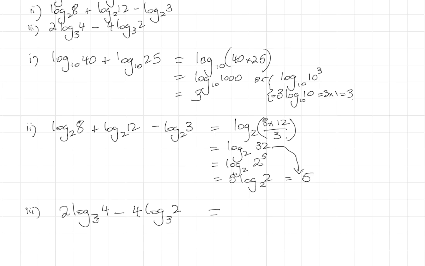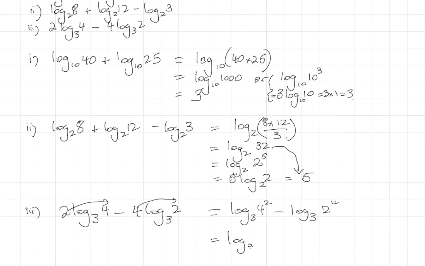We can work this one backwards, and we can say that's log to base 3 of 4 to the power of 2 minus log to base 3 of 2 to the power of 4. So that 2 can go up to there, and this 4 can go up as that power there. Subtracting, so we are dividing the numbers.